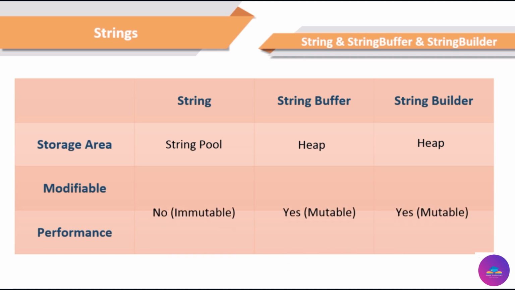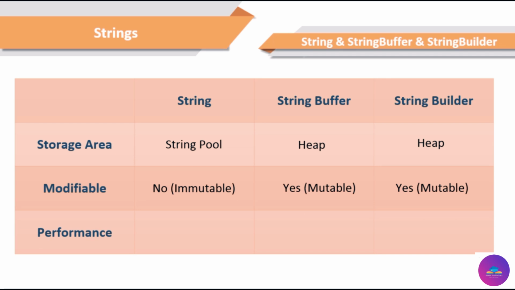The string object is immutable in Java, but the StringBuffer and StringBuilder are mutable objects. The performance of string and StringBuilder is fast, but StringBuffer is slow. Because, do you remember? StringBuffer is a synchronized class.